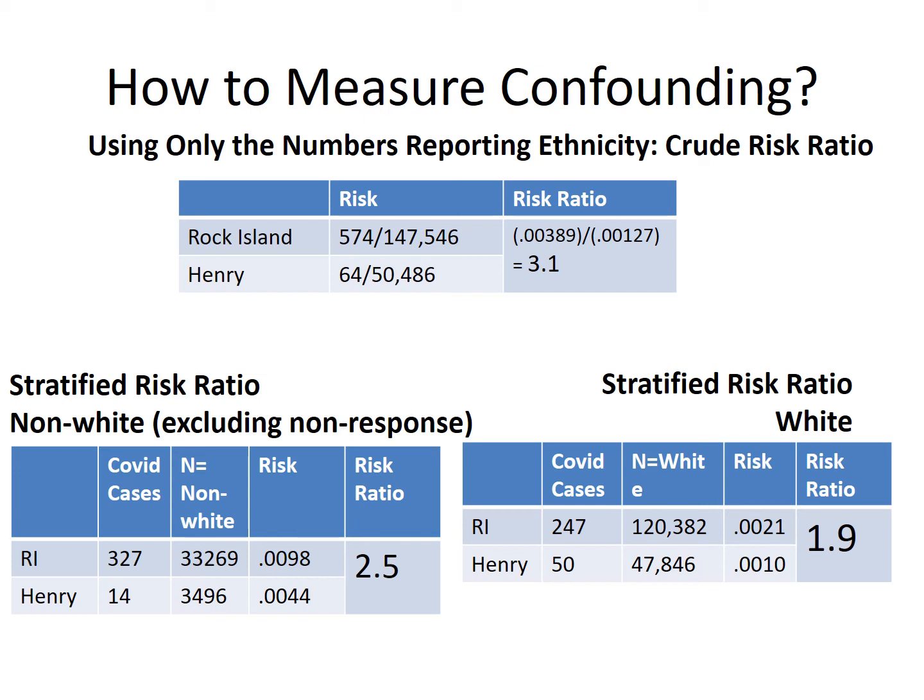So taking only those who gave information on ethnicity, we have a new risk ratio, which is 3.1, reflecting the fact that fewer people in the COVID cases identified or reported one of the ethnic groups. However, of those who did answer the question, and we can stratify based on white or other groups, non-white, we're sort of throwing them together, we find that the results go from 3.1 to somewhere between 1.9 and 2.5.